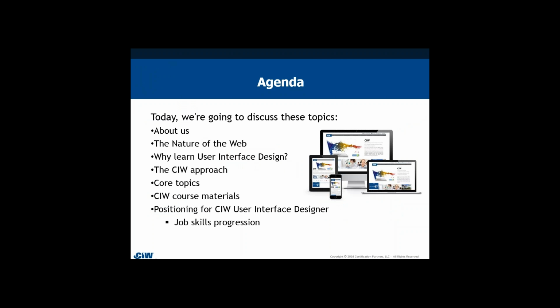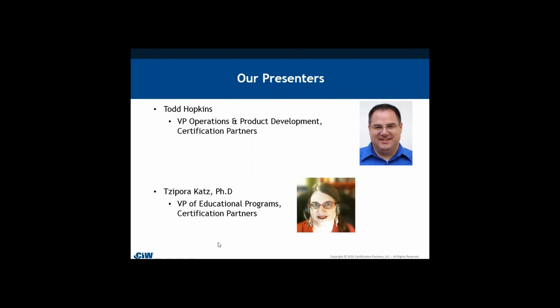I'm going to explain a little bit more about the CIW approach and then move right into the core topics, the curriculum, the main things that we cover in this course, and then show you some of the resources that we have available as you go through this experience. And then lastly, we'll talk about a little positioning where this course falls in line with the other CIW programs and some of the job skills progressions that we have.